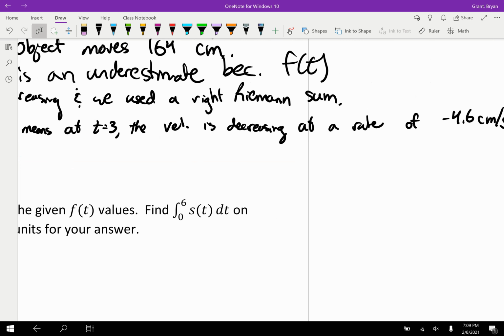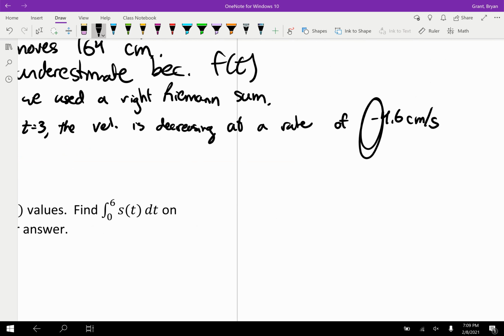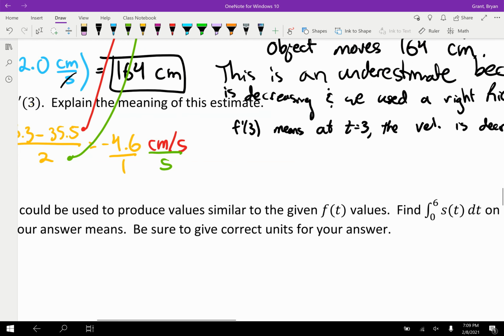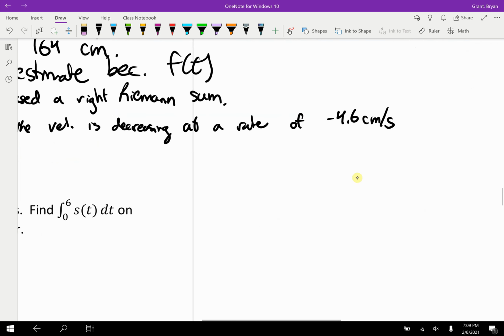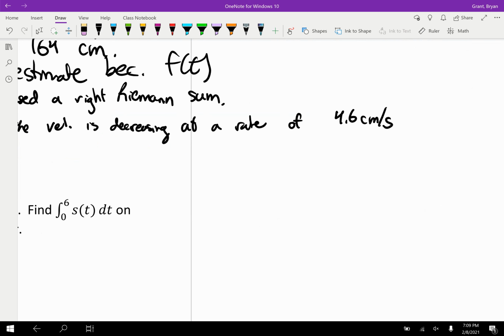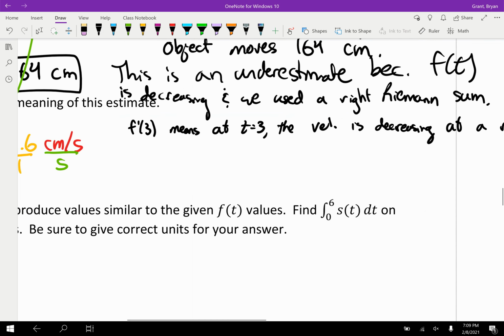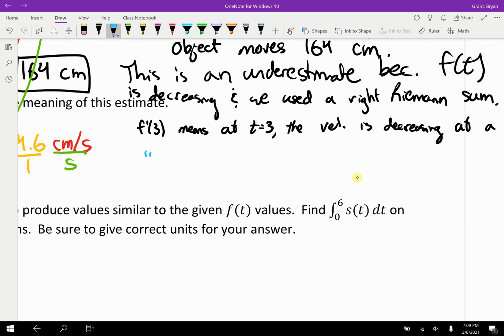It's almost right. Because you can't say something is decreasing at a negative rate, because that actually means the thing is increasing. So if you say decreasing, you have to realize that you intuitively interpreted this negative to mean decreasing, so you can't actually put the negative in there. You already accounted for the negative by using the word decreasing. So although that probably makes the most sense, the safest way to write this is f prime of 3 means at t equals 3, the velocity is changing.